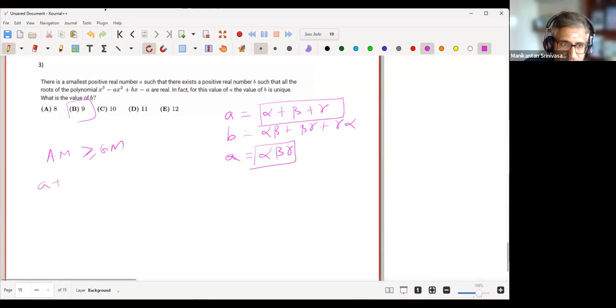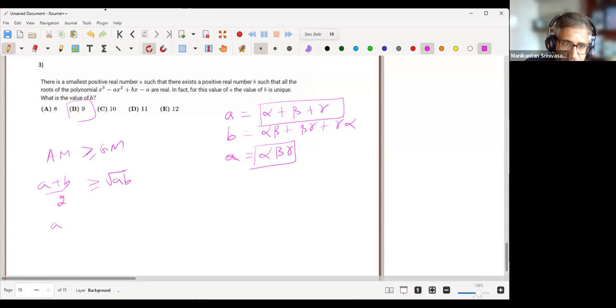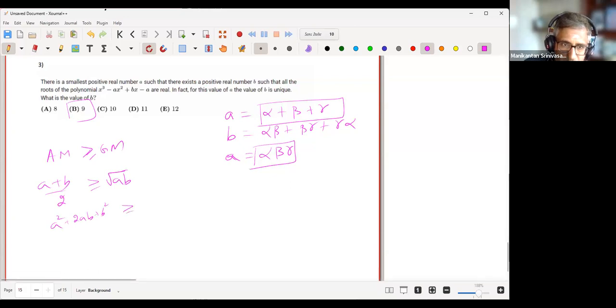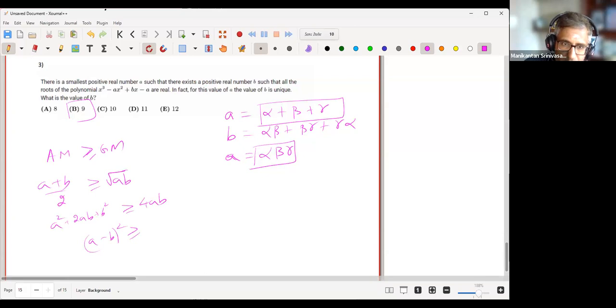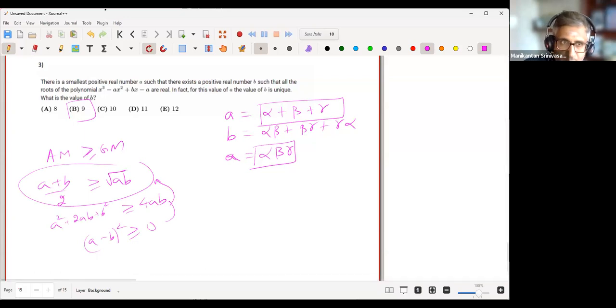We know this with (A plus B) by 2 greater than or equal to root of AB. If I square both sides, I have A square plus 2AB plus B square, and if I bring the 2 to this side, it is greater than or equal to 4AB. That's because (A minus B) whole square is greater than or equal to 0. You can reverse the steps, and therefore you can observe that (A plus B) by 2 is greater than or equal to root AB. But the same thing can be extended for n numbers.